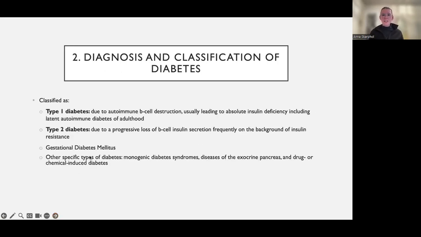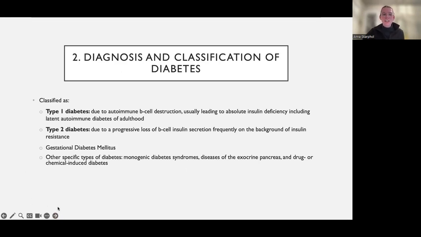The next section, this is kind of where we get into more of the meat and potatoes of the guidelines. This one is titled Diagnosis and Classification of Diabetes. So as you can imagine, this section is mainly focused on the diagnosis and classification of diabetes. So just a quick overview here.